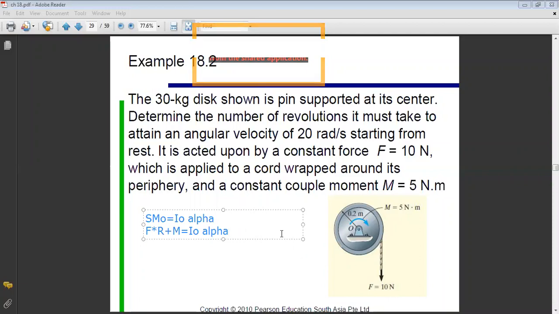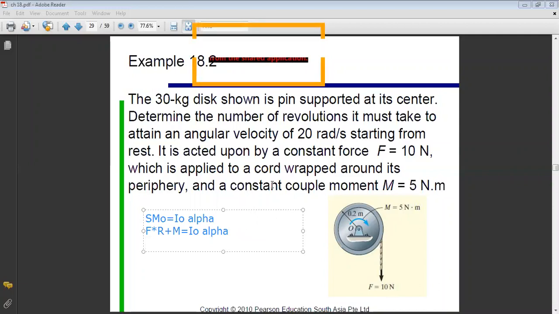Because alpha is constant, I can apply the relation of constant angular acceleration. No need to involve time, because if I involve time, I should do two steps: integrate first to find angular velocity, then integrate to find theta.